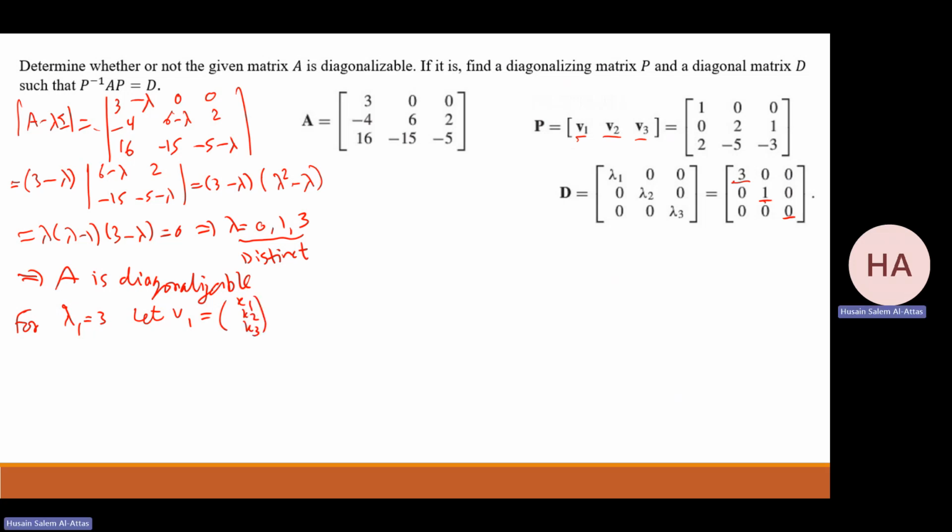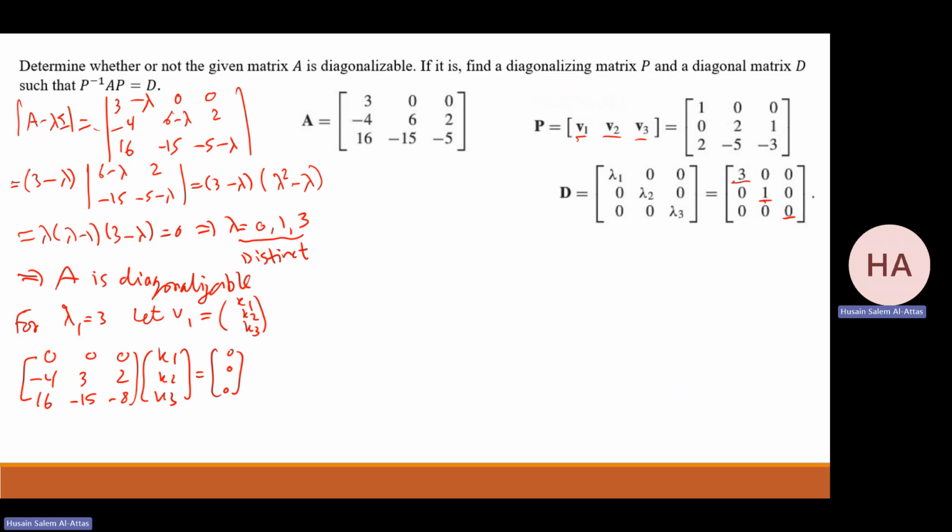Nothing is there, just calculation. So I have the system 0, 0, 0, minus 4, 3, 2, 16, minus 15, minus 8, times K1, K2, K3, equals 0, 0, 0.